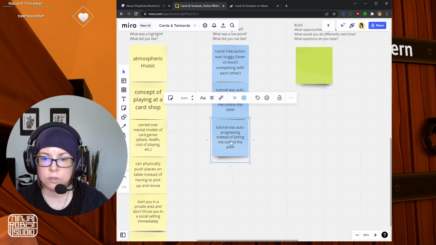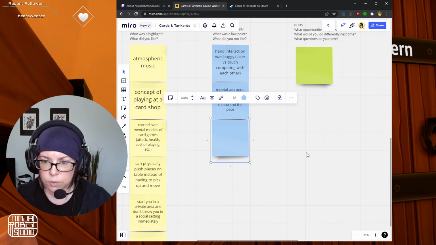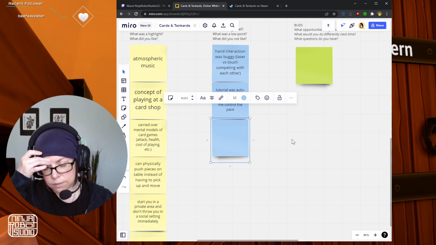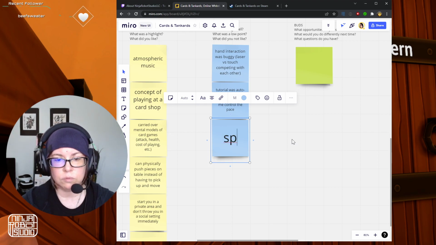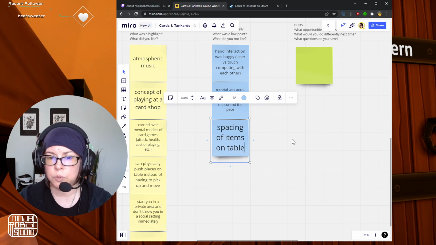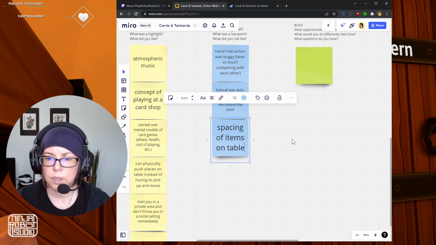Okay, thorns. What was something else that frustrated me? The spacing of the items on the table was an issue. There were multiple things going on there.